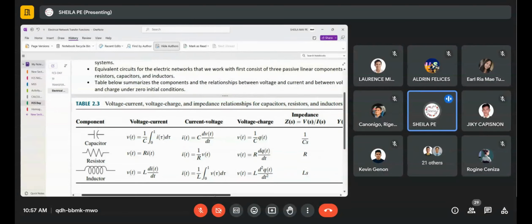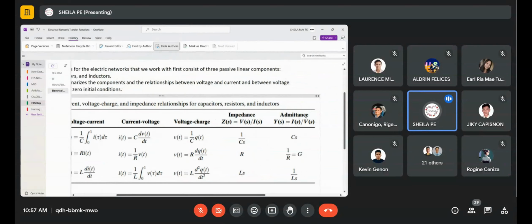Then the reciprocal of impedance is admittance, which is I of S over V of S, that's Y of S. The denotation for admittance is always Y. For impedance, that's Z. So you take the reciprocal of the impedance. Our impedance for the capacitor is 1 over CS, so the admittance is CS.